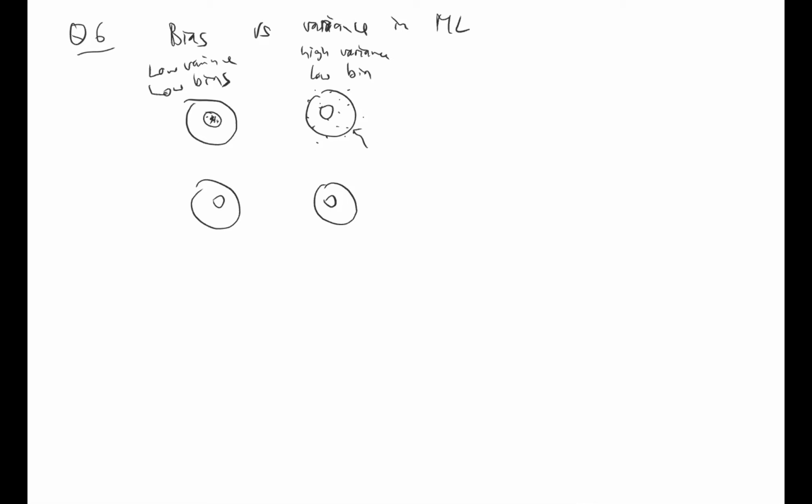Or I can have this low bias but high variance case: if you average all the models, the average error is close to zero, but if I look at individual models, they can have a pretty high error rate. Or I can have low variance but high bias.